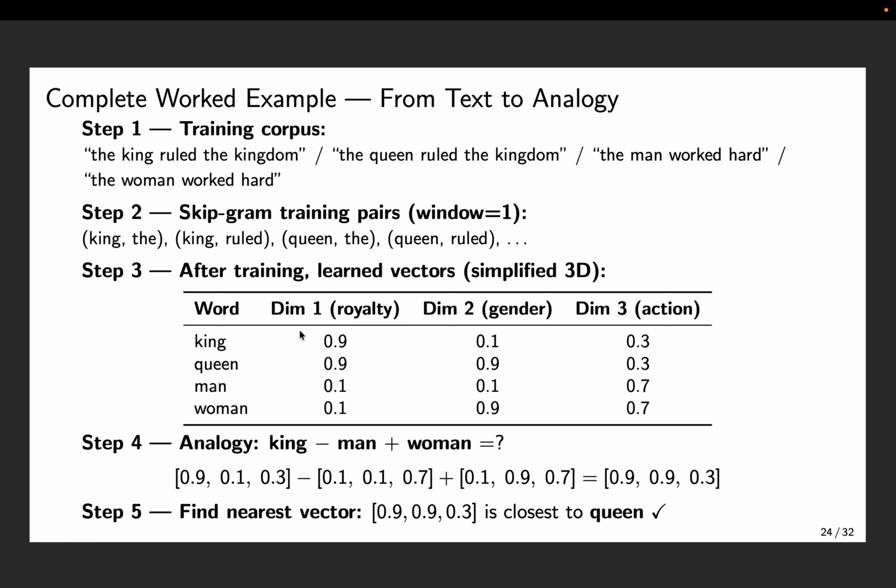paired with similar context words. Both appear near ruled and kingdom. This is what will pull their vectors together. Now step 3, after training, suppose we learn these simplified 3D vectors. Suppose king has 0.9, 0.3, 0.1, which is high royalty, low gender female, and medium action.